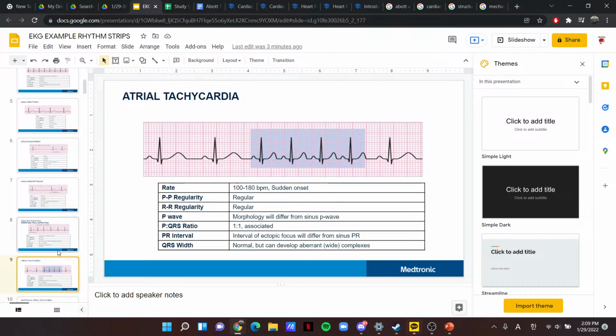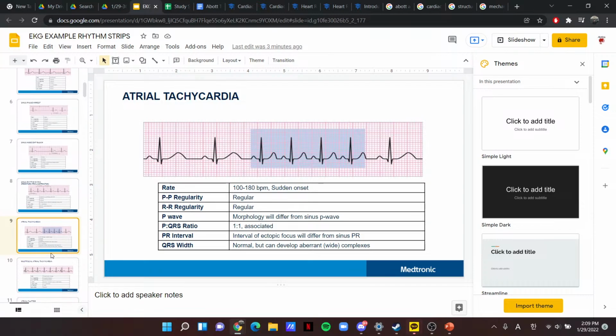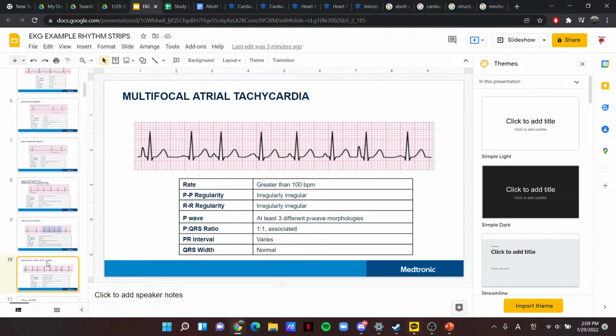So atrial tachycardia if it's different shapes of P's. None here. Barely weird stuff here.